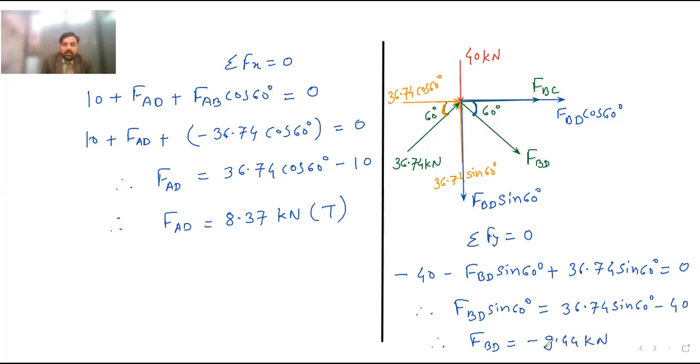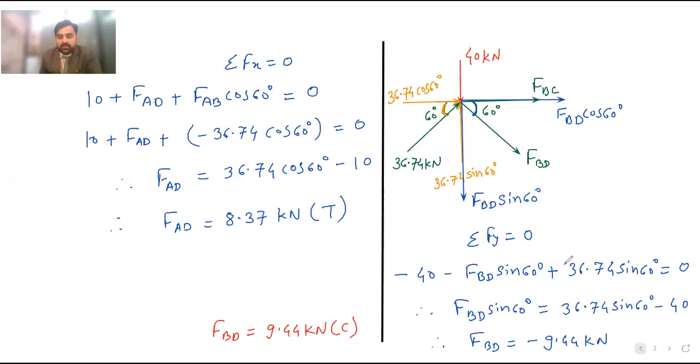So it means that FBD is equal to 9.44 kilonewton compression. But since FBD is in compression and I have shown it here as tensile, I am not going to draw this figure again. Instead of changing the direction immediately, I will use the value with the minus sign. It will be convenient for me.